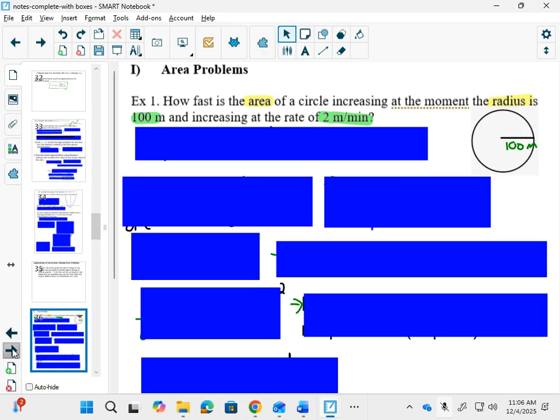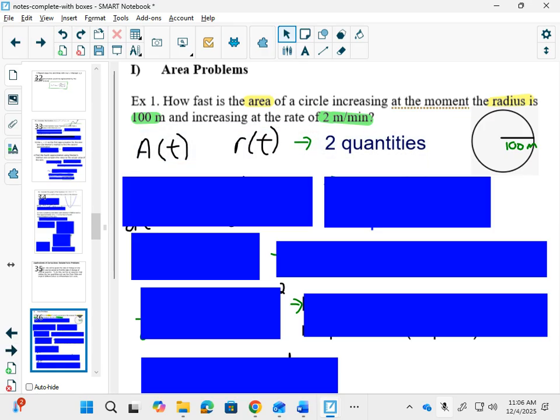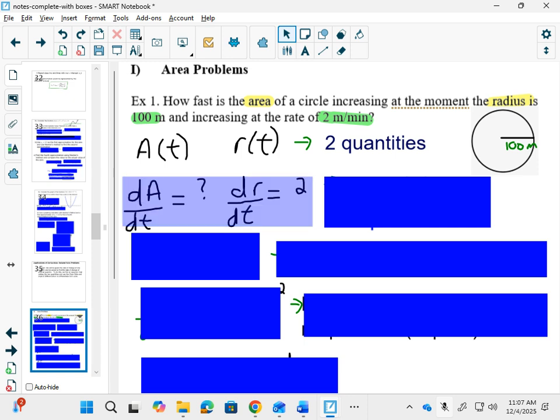Okay? So what do we know? Well, the idea here is both the area and the radius are functions of time. We don't even know what their equations are as functions of time, but we know that they are functions of time. The area is increasing as time increases. The radius increases as time increases. We want to find dA/dt, the rate of change of area.